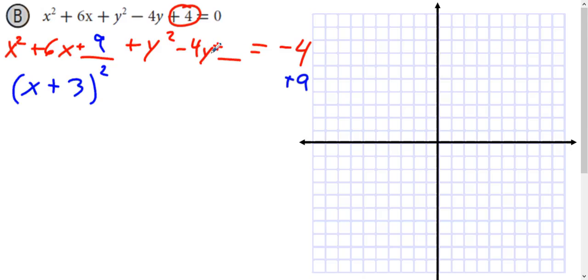Fill in the blank here, so negative 4 divided by 2 is negative 2. Squared, you get 4. So we add 4, which means we add 4 to the other side. And now write it as a square, so that's y minus 2 squared. Equals, now we add all that up, we get 9.